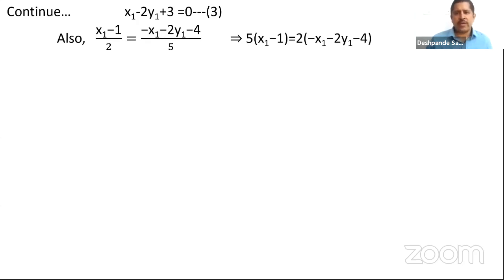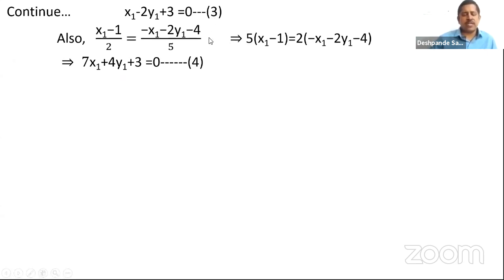So 5x1 and minus 2x1 on the other side, so it comes as 7x1. Then minus 4y1 comes to the left side as plus 4y1. Then you got minus 5 and here minus 8. So minus 5 plus 8 is plus 3. So you get the equation as 7x1 plus 4y1 plus 3 is equal to 0.